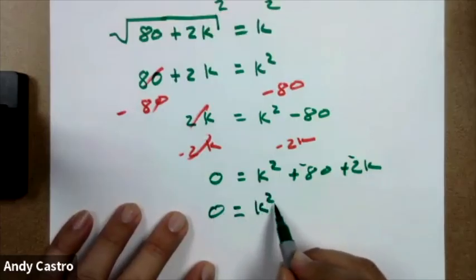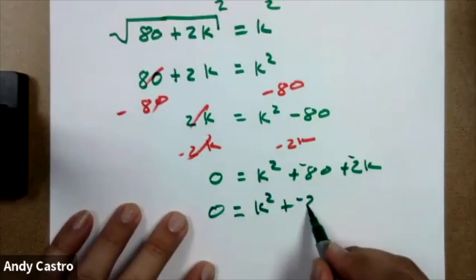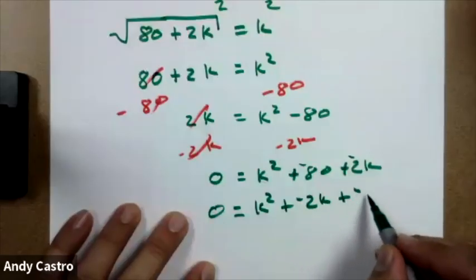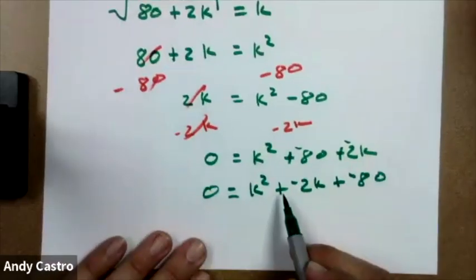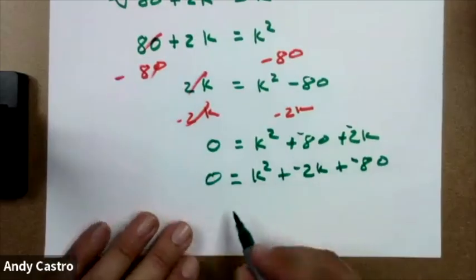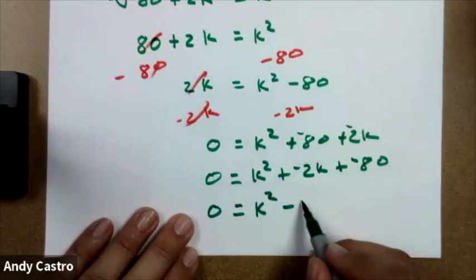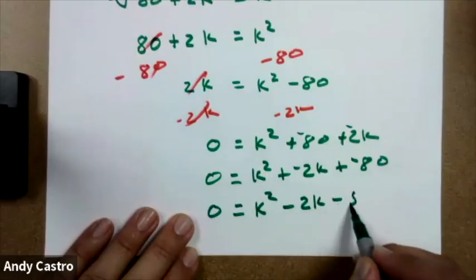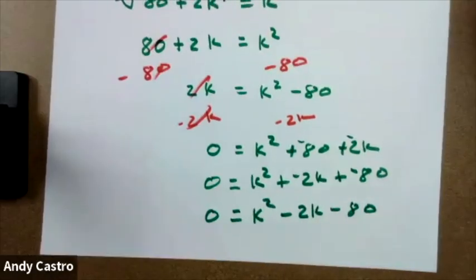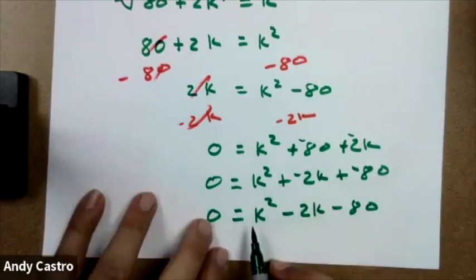So this is k squared plus negative 2k plus negative 80. Take the adding of the negative and put them back to subtraction: k squared minus 2k minus 80. Okay, so now my leading coefficient is 1.